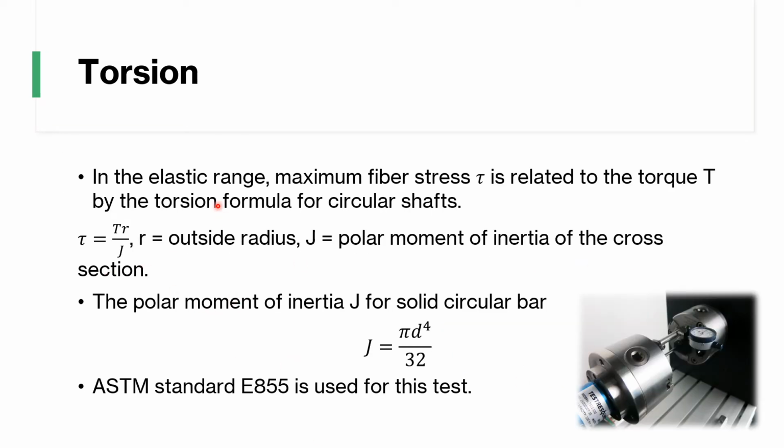So here, torsion, your elastic range, maximum fiber stress. Your stress is related to the torque T by the torsion formula for circular shape. So the fiber stress is equal to, again, don't get confused with your physics torque.